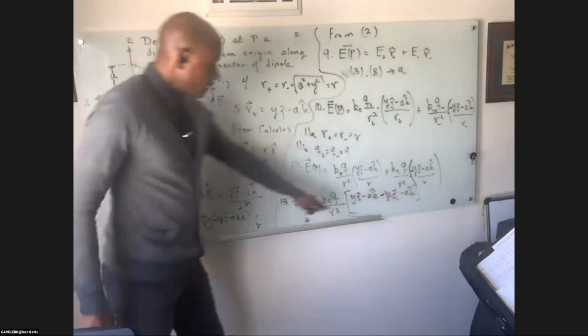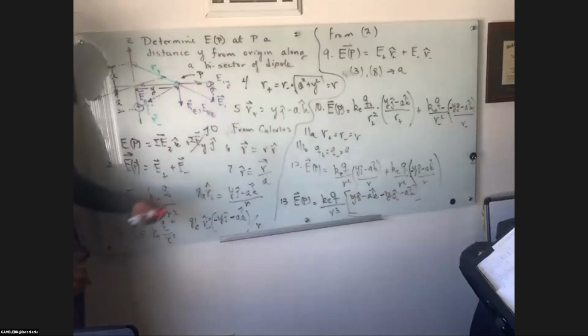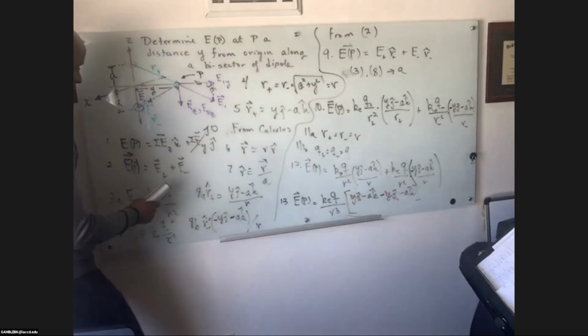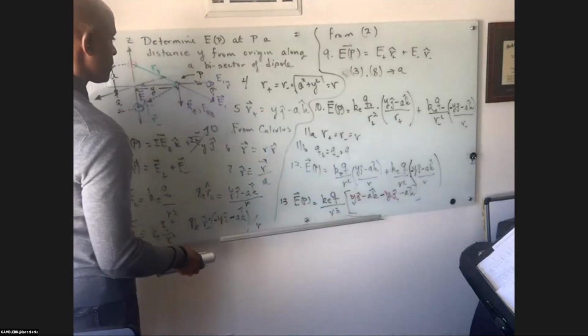If I add those two up, you also see that the vector analysis gives you the right direction of the field, negative. So the negative sign is going to pop out of that. Maybe I could do it here.